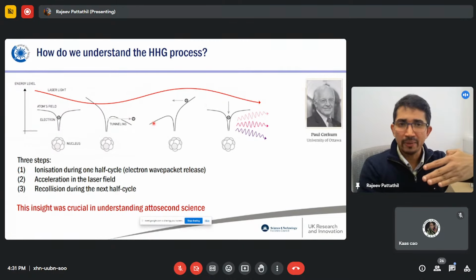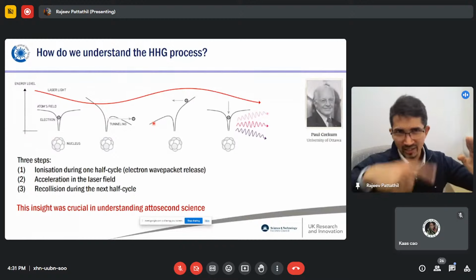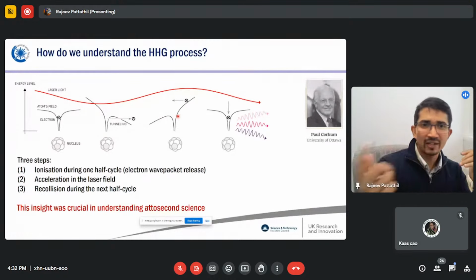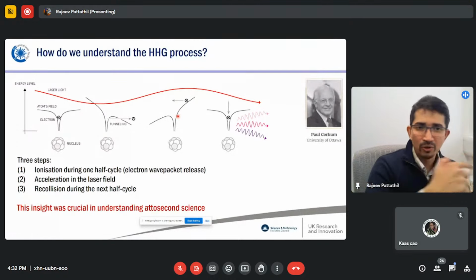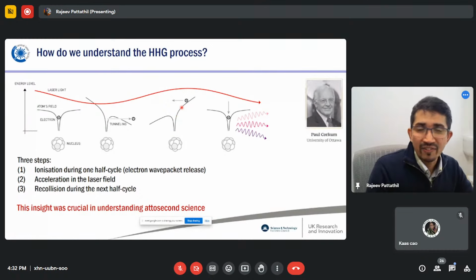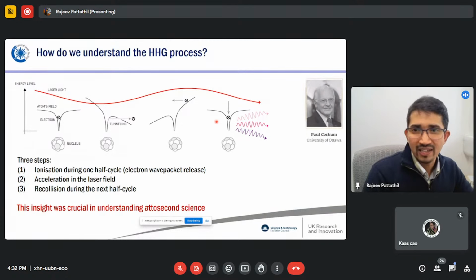By that time the field gets reversed, because it's an oscillating field, and when it reverses, it acts on the electron, right? So it'll start going back to the atom, accelerating in the electric field, and when it recollides with the parent ion, it emits the high harmonic.